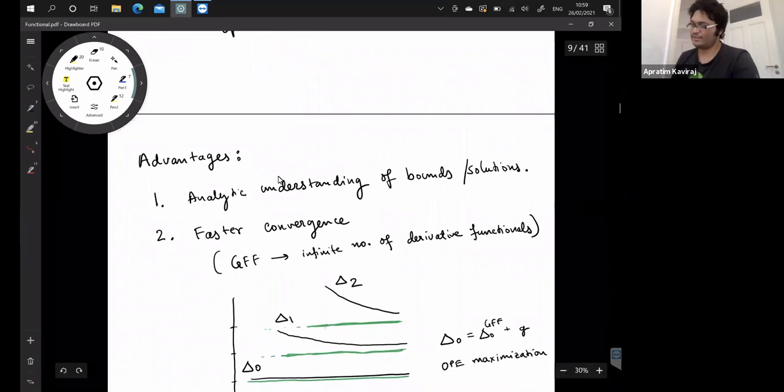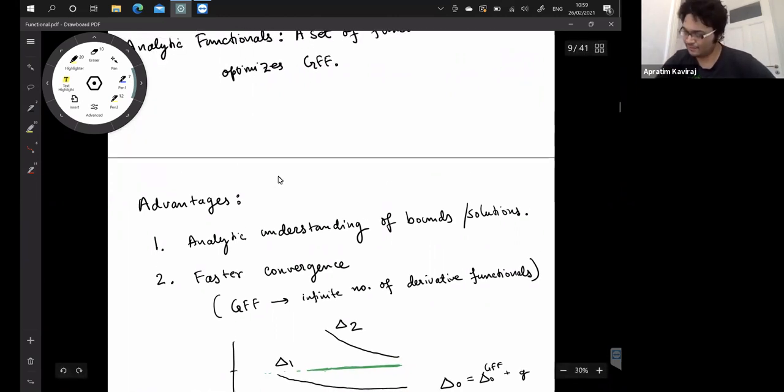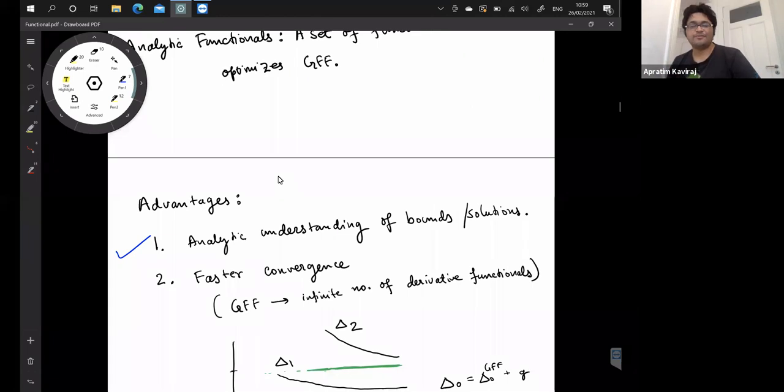Some advantages of having an analytic functional over usual derivatives is the following: it already gives you some nice analytic understanding of bounds and solutions. By this I mean that suppose you want to solve for a CFT which is perturbatively away from the generalized free fields.